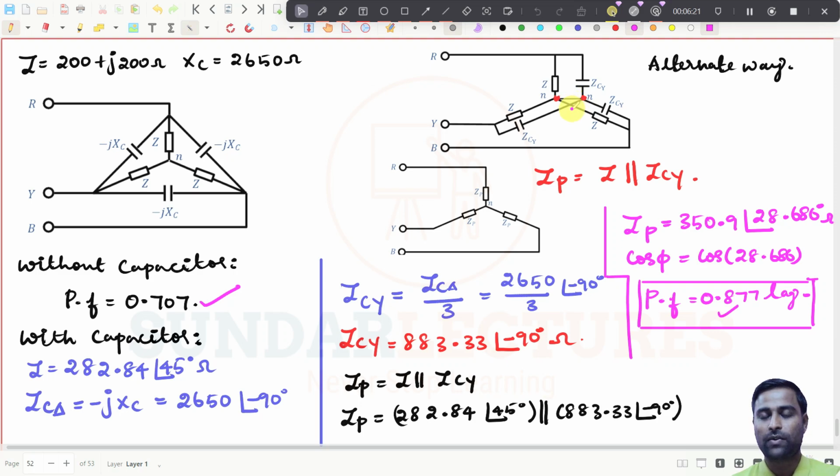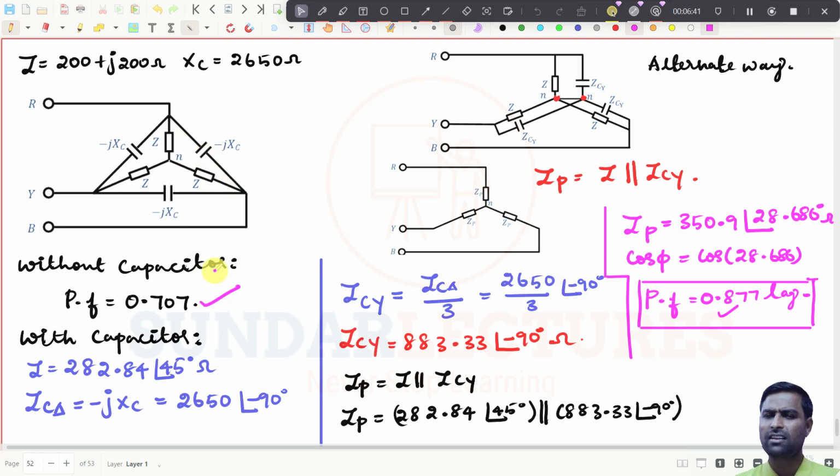Then you just use the formula for parallel connected impedance and find the value of the total impedance, ZP, which I have written here, right? So this is how you can also find the value of the power factor if capacitors are connected.